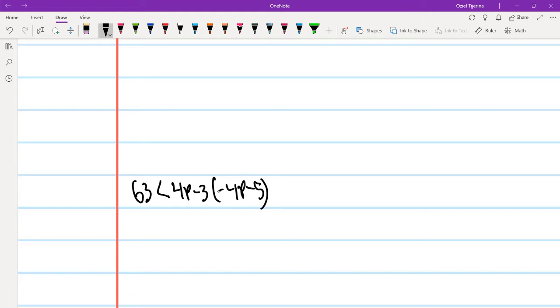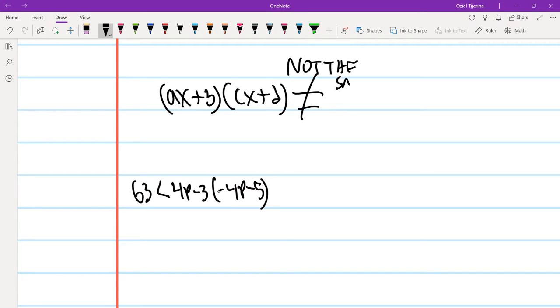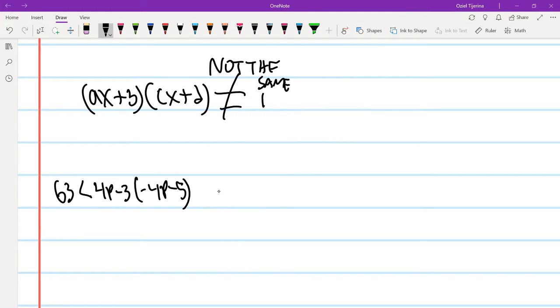One thing that you have to know is that when you have, let's say, ax plus b times cx plus d, that is not the same as ax plus b times cx plus d with parentheses, because when it doesn't have parentheses, that means only this part is being distributed.